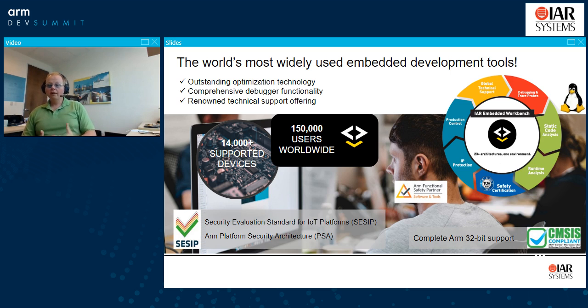So there's quite a number of people that use our products, and we like to say that at least 30 times a day you touch a product that has had code developed with the Embedded Workbench. And we have an entire panoply of product offerings, not just the Embedded Workbench, that can help you with functional safety requirements, code quality, and security. So we have everything built around the Embedded Workbench being the center of that hub.